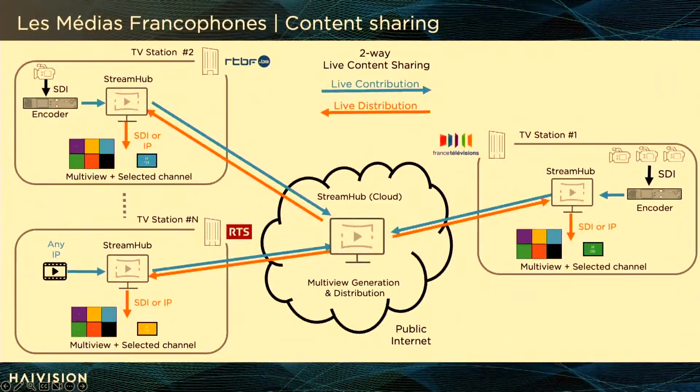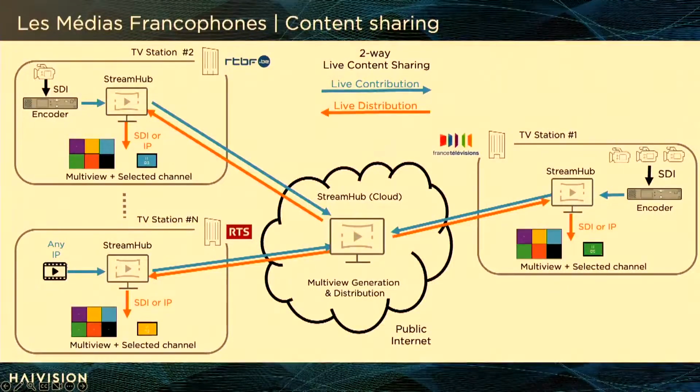And they were historically sharing 24/7 live content between them over satellite. So each of them had a satellite uplink and downlink, and they were receiving content. At that time, when they did this project a few years ago, they were just sharing one SD channel between them, and that's all. And it was costly because it was 24/7 over satellite.